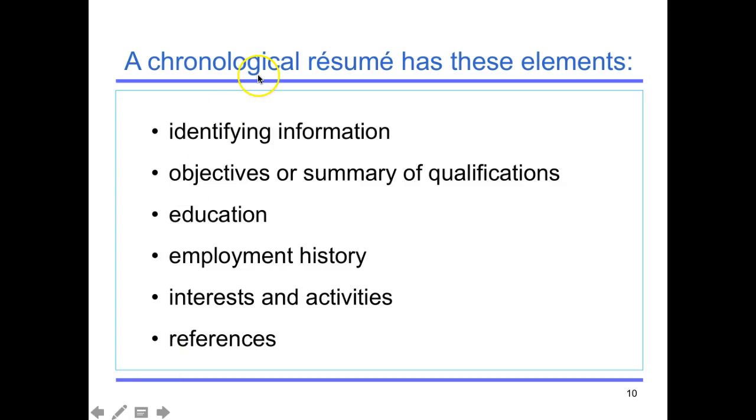Obviously, that's your objective, because otherwise you wouldn't have applied for this position. So I like using a summary of your qualifications, especially if you have strong qualifications, because that's the first thing that the employer is going to look at, that objective or summary after the personal information about you. And so that's a way to really emphasize what it is that you know how to do.